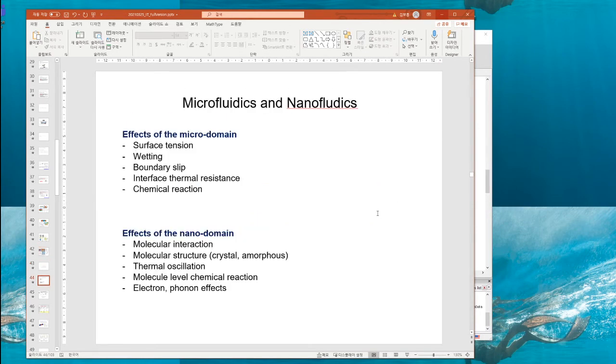Okay, so this is pretty interesting too. The first thing is, like I said before, when it gets to the microdomain, surface tension, wetting, boundary slip, interface thermal resistance, and chemical reaction are important. When it gets to the nanodomain, now we go to the molecular level, right? So molecular interaction, structure, oscillation, molecular level reaction, and electron-phonon coupling become important.